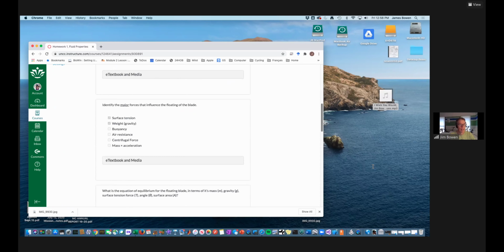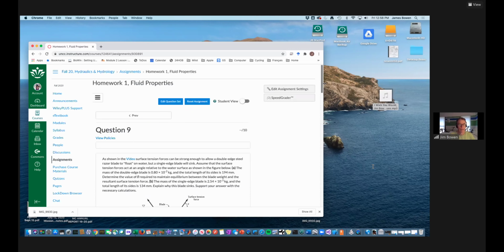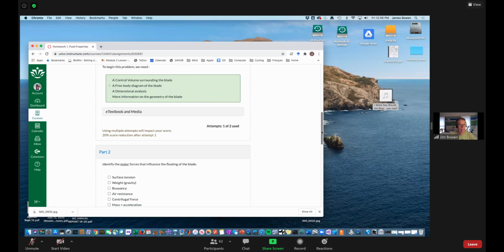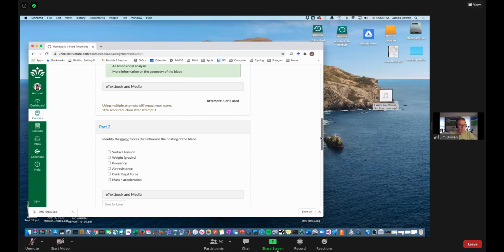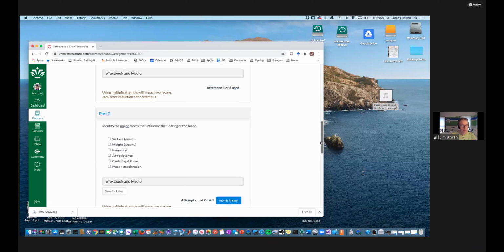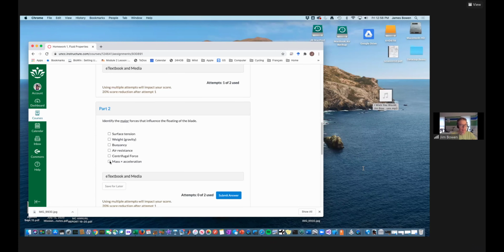We need a free body diagram. Okay, and so then this was your question? Well, this is one where I could rule out these last three.